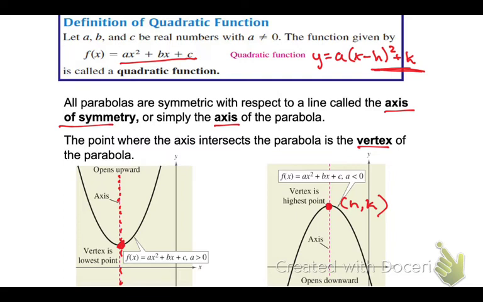If a was less than 0, would the vertex be a maximum or minimum? Maximum, because if a is negative, it opens which way? Down. Okay, if a is positive, the vertex is a minimum. We know these things, we're reviewing them. We're digging them out, dusting them off a little. Let me know when you guys are good.